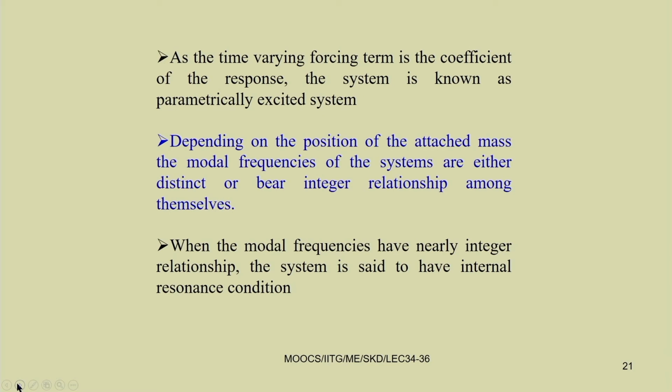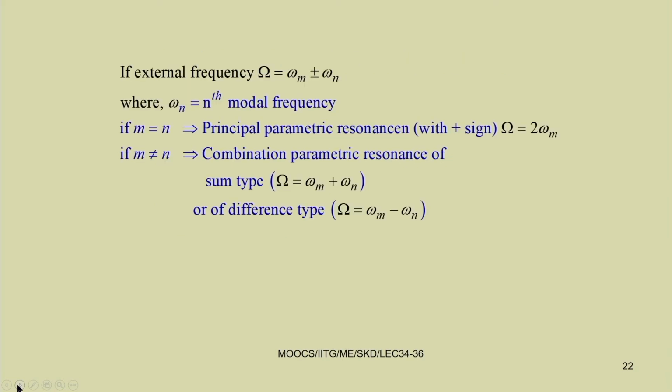Depending on the position of the attached mass, the modal frequencies of the system are either distinct or have an integer relationship among themselves. When the modal frequencies have a nearly integer relationship, the system is said to have an internal resonance condition. Here, if the external frequency omega is taken to be omega plus or minus omega n, where omega n is the nth modal frequency, if m equal to n we call it the principal parametric resonance condition, that is omega equal to 2 omega m.